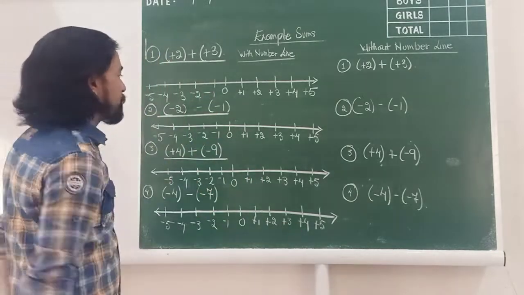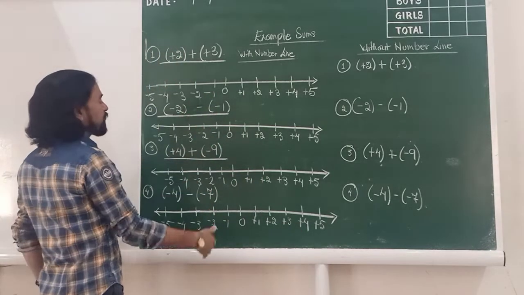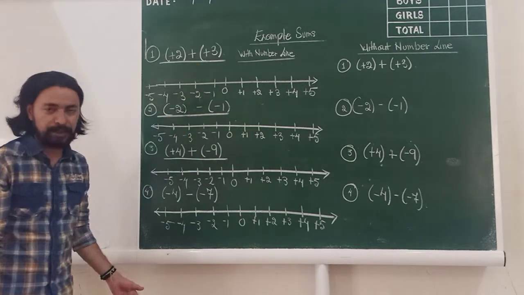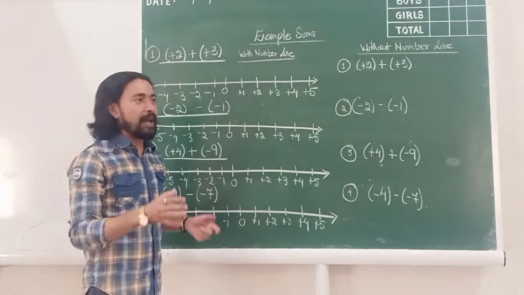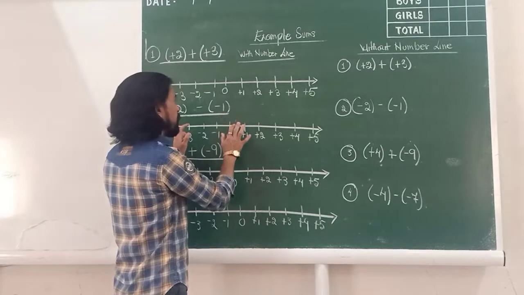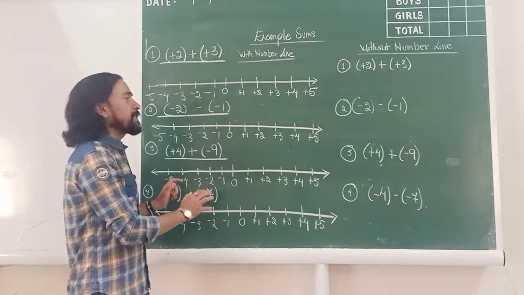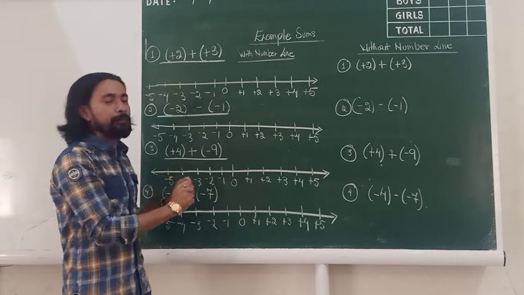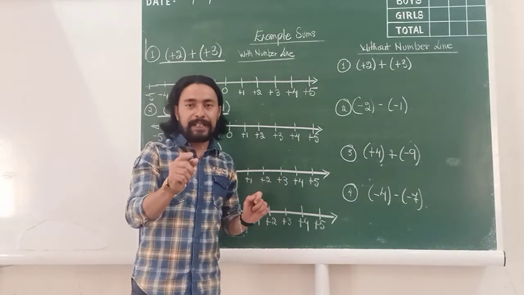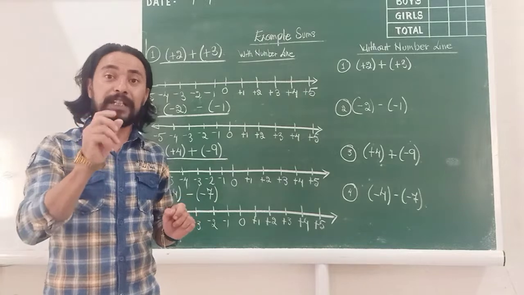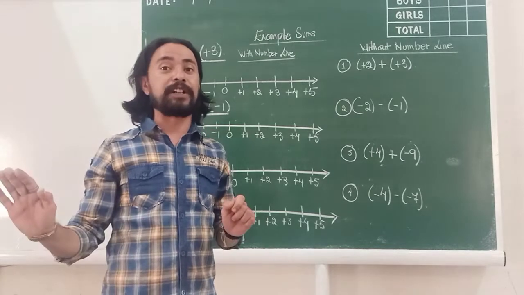When we have operations, I have here taken four different kinds of sums as examples, and I am going to show you how they work on the number line and how they work without the number line. In the beginning, it's very simple to work on the number line if the numbers are smaller. But if you go to your exercises in your textbook, the numbers are very large. They cannot be done on a number line.